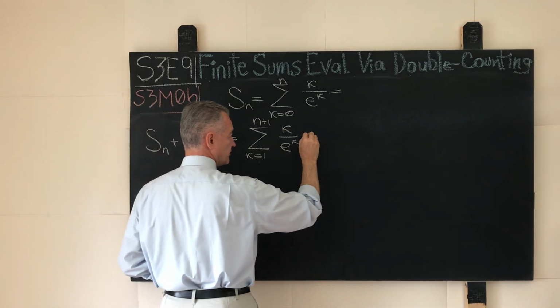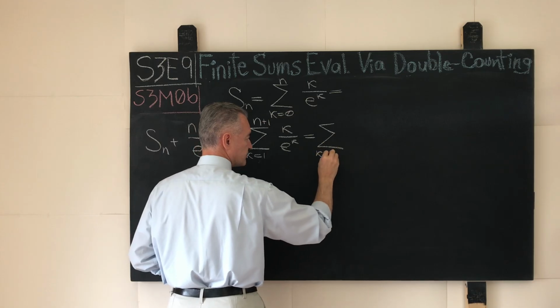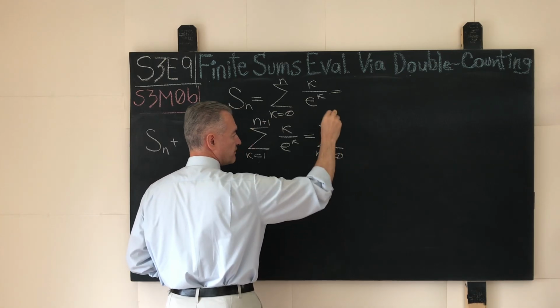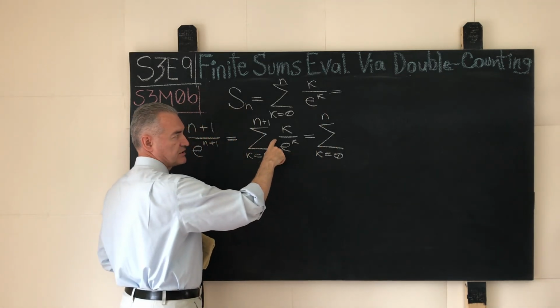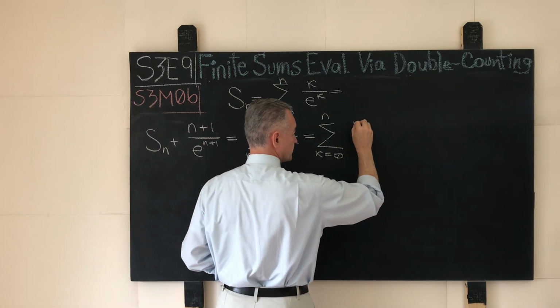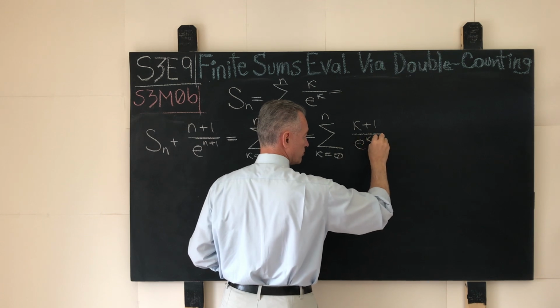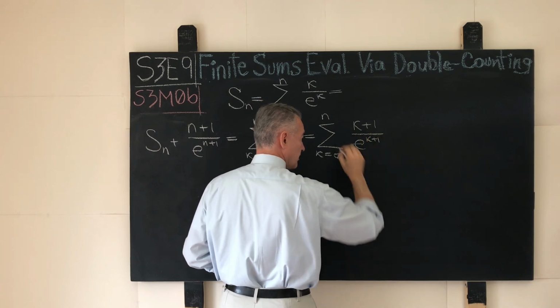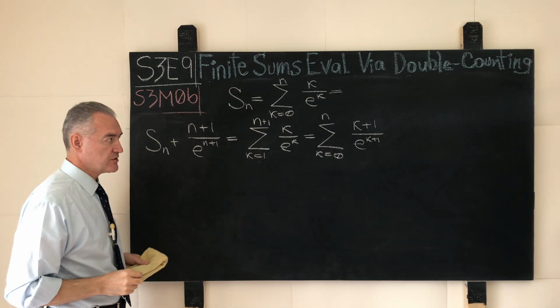Remember the next step. We run this sum over the summation variable k that varies between 0 and n. But how does the structure of the summand change in this case? It becomes (k+1)/e^(k+1). Remember, this is phi of a sub k plus 1 from our theoretical discussion.